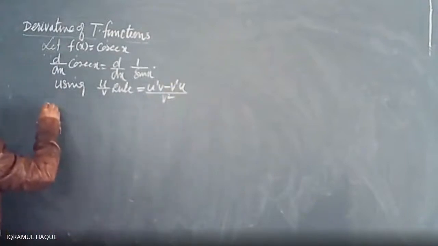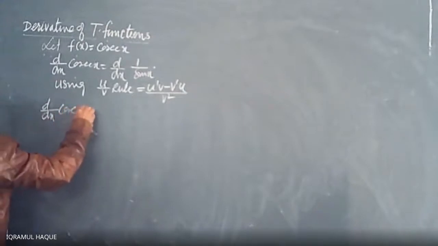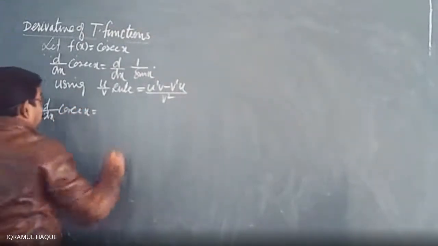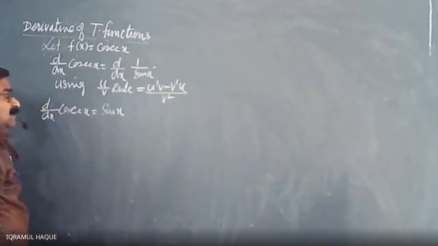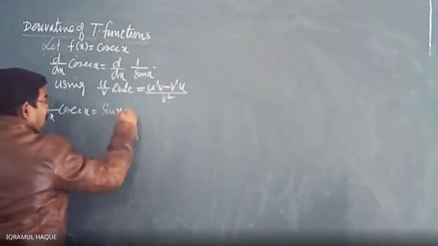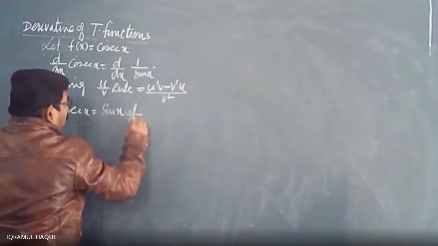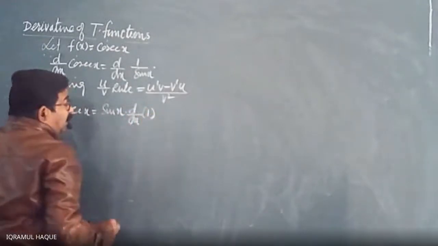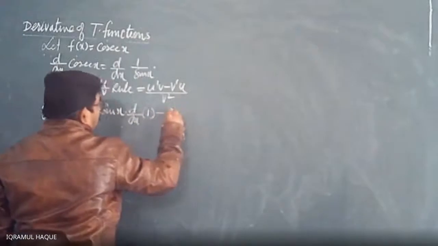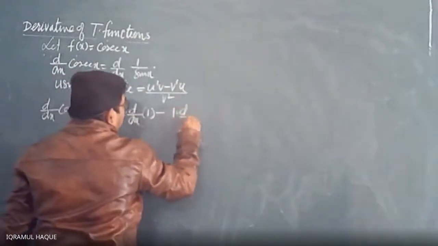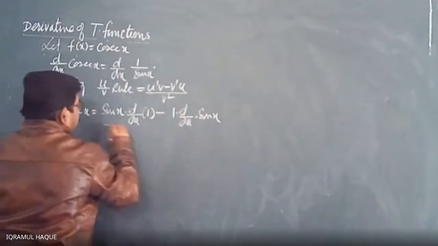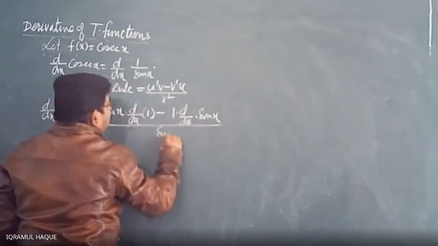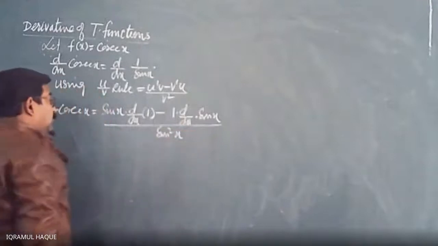See, d of dx of cosec x is equal to, see, sin x denominator into d of dx of 1 numerator minus 1 into d of dx of sin x upon sin square x.